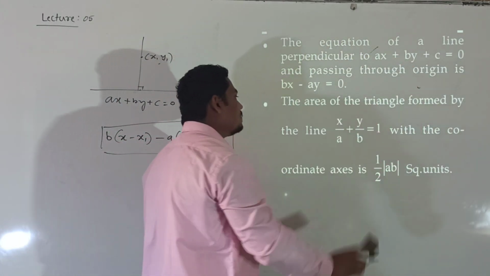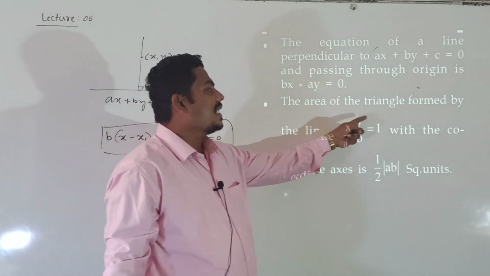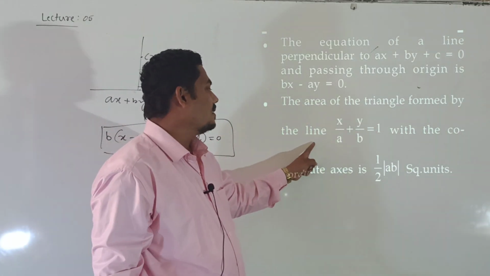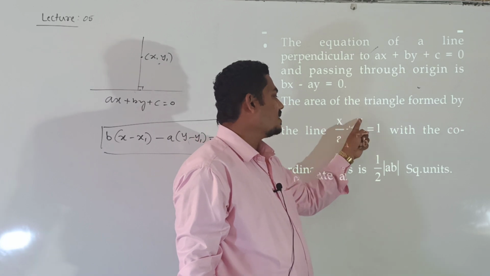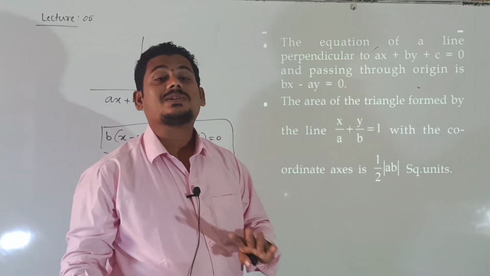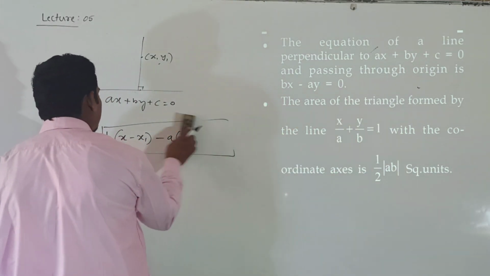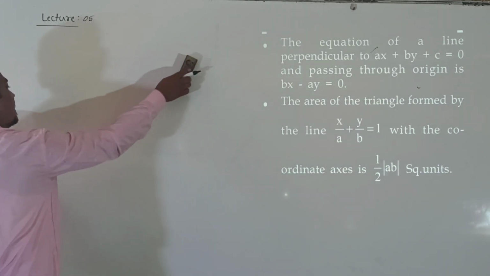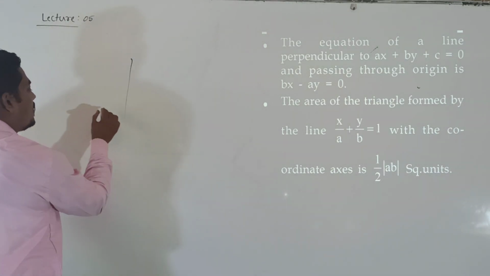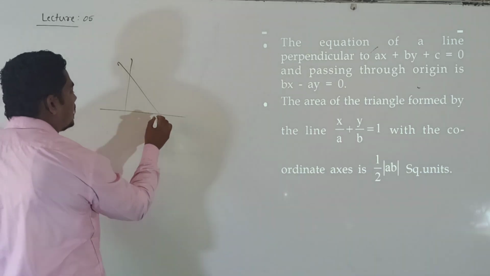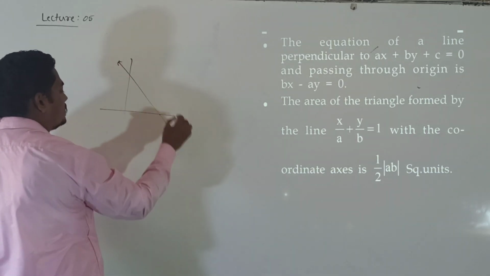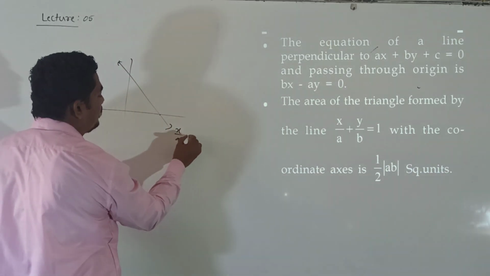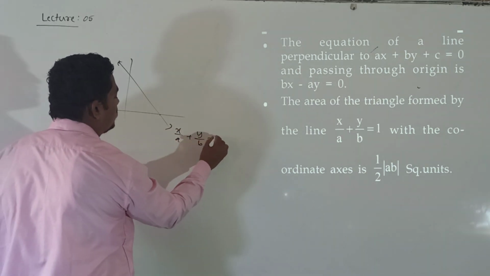Next, the area of the triangle formed by the line x by a plus y by b equal to 1 with the coordinate axes. Its equation is x by a plus y by b equal to 1.